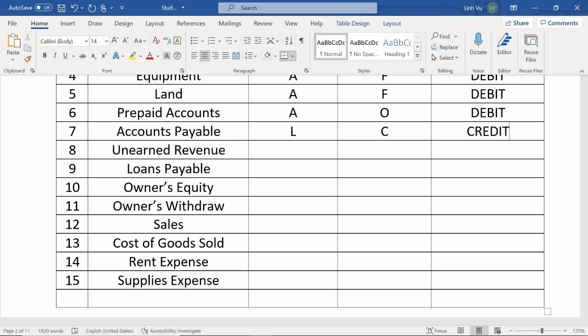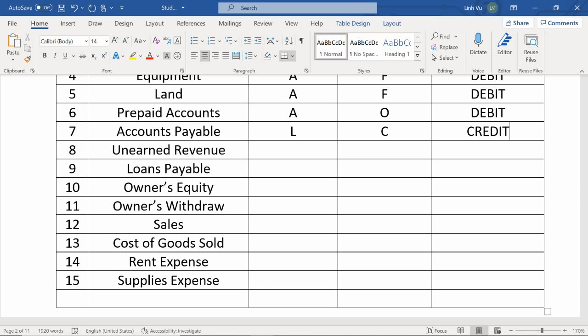When a customer paid you in advance for a service you haven't completed yet, in this case, can you recognize it? You haven't completed the service yet, so it can't be income.